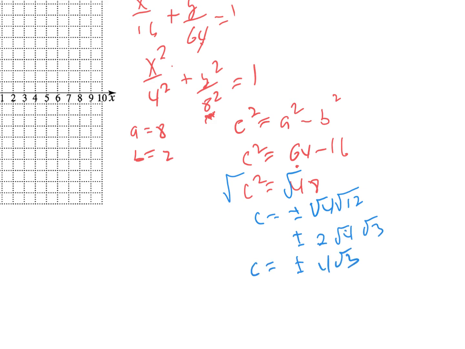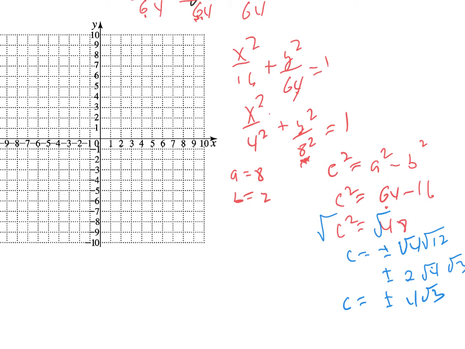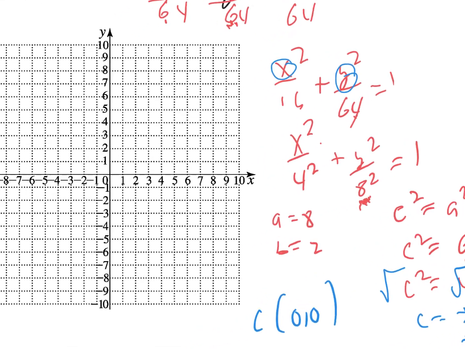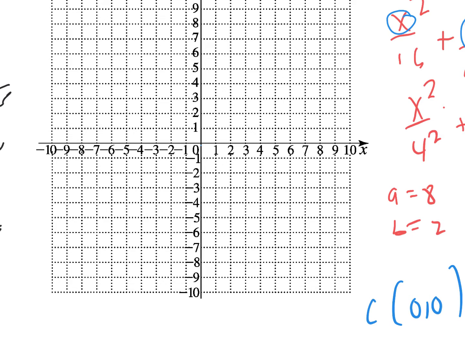That is c, okay? Good news, we're still at the center 0, 0. We still know the center is 0, 0 because nothing was being added or subtracted from the x and the y. So I'm going to go back here. 0, 0 is my center.